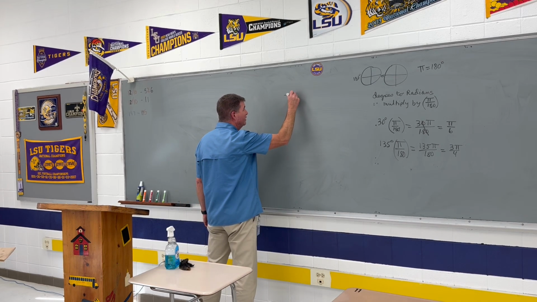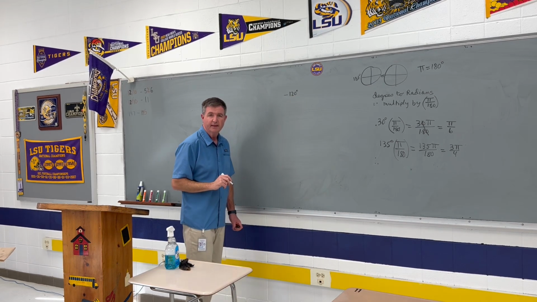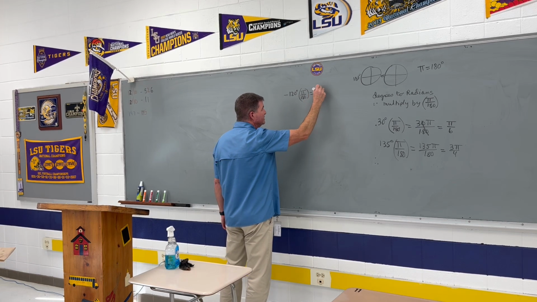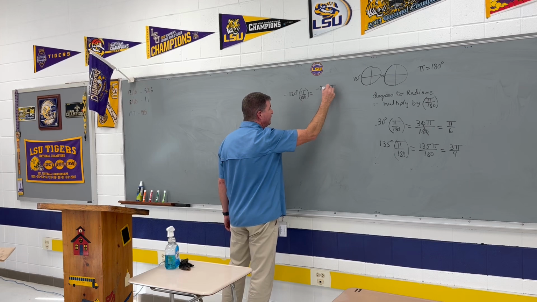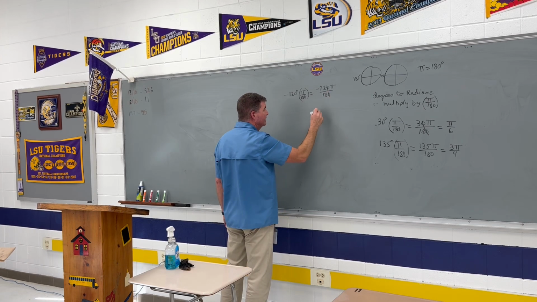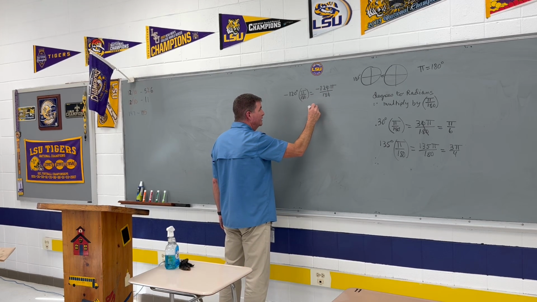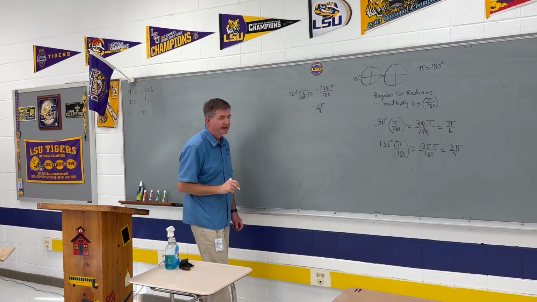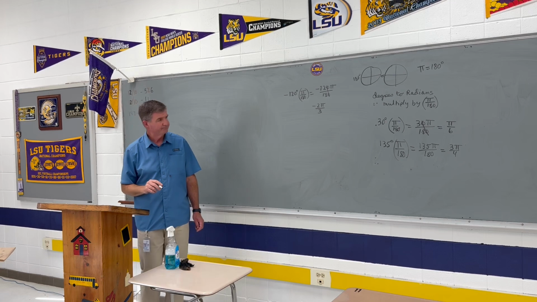Suppose I have negative 120 degrees. Multiplying by pi over 180, that's negative 120 pi over 180. Cancel out the zeros, and 12 and 18 come down to negative 2 pi over 3.